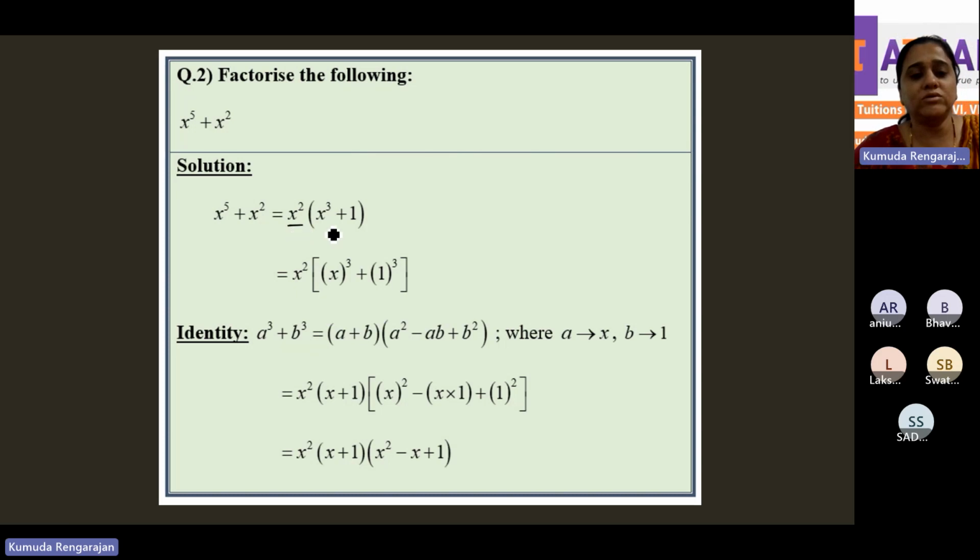So after taking out the common factor in the bracket, you have x cube plus 1. But that can be written as x the whole cube plus 1 the whole cube, which is in the form a cubed plus b cubed, which can be factorized as a plus b into a square minus ab plus b square, where a cubed is x cubed, so a is x, and b cubed is 1 cube, so b is 1.